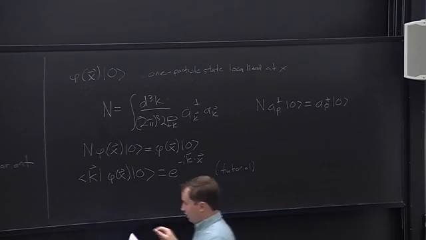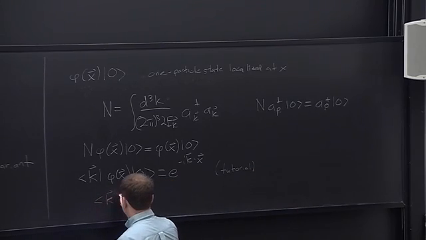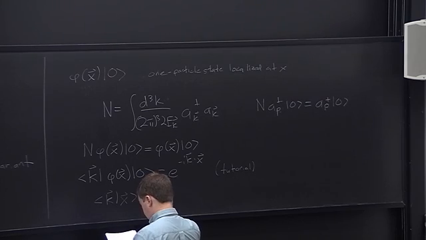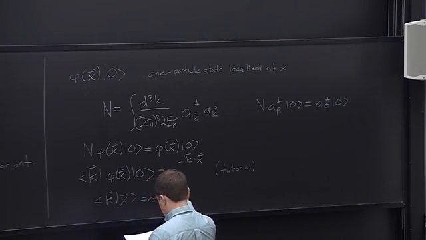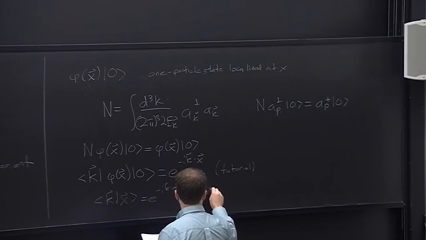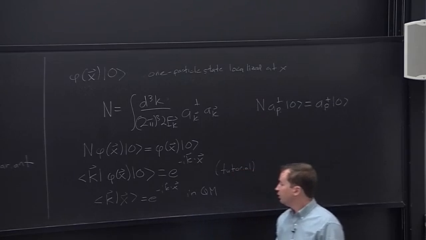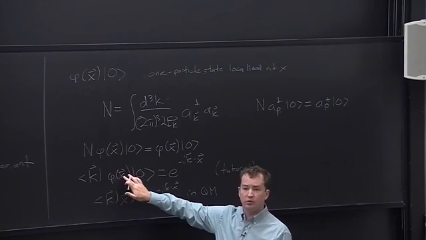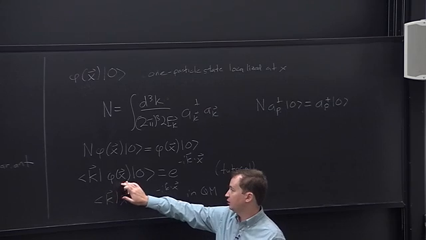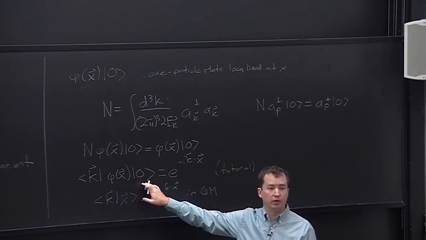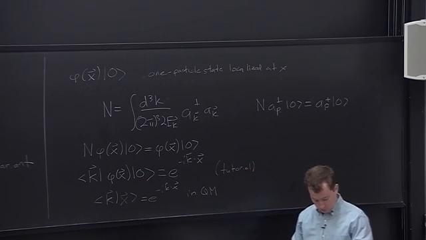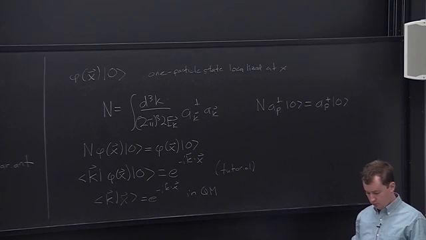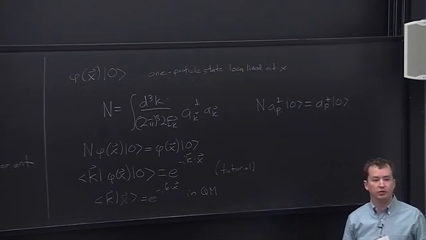Which is the same as you would get if you computed the overlap of a momentum eigenstate and a position eigenstate in quantum mechanics. So in this sense, we can think about phi(x) acting on 0 as a one-particle state localized at x. Any questions on this?